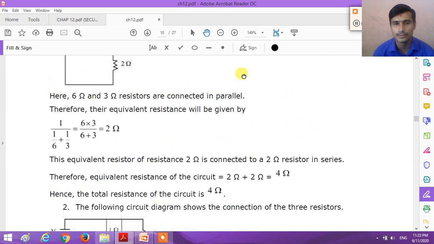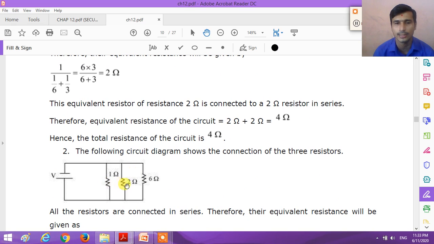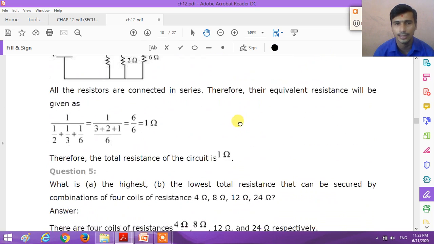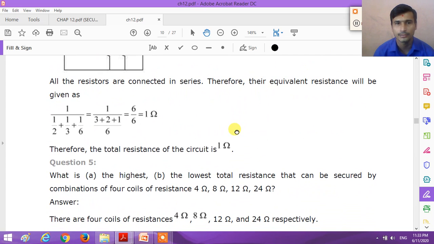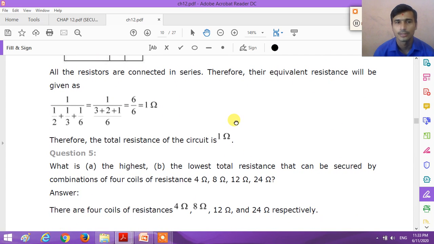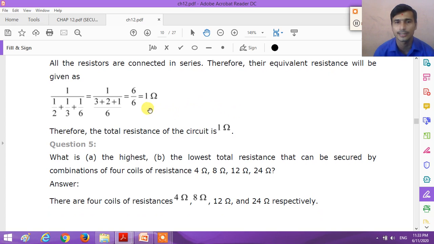When all three resistors, 2 ohm, 3 ohm and 6 ohm, are connected in parallel, right? All three resistors are connected in parallel, right? The equivalent resistance we get is 1 ohm.